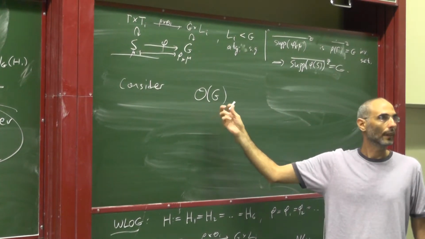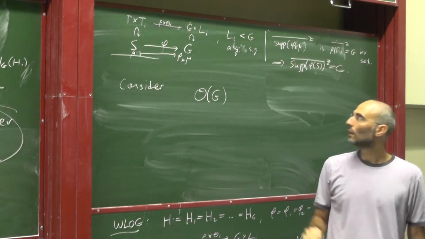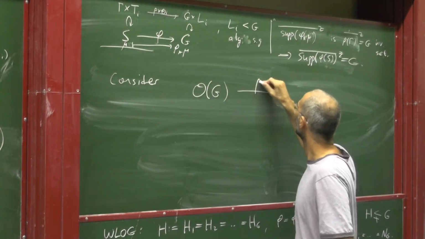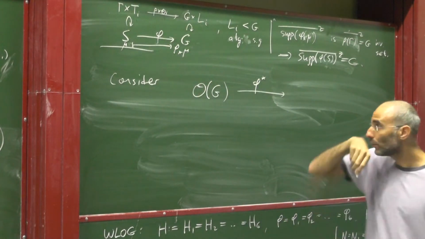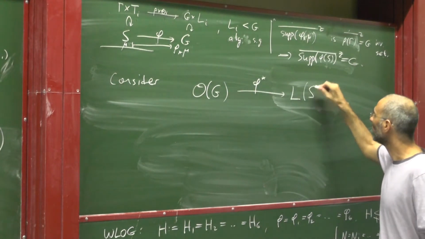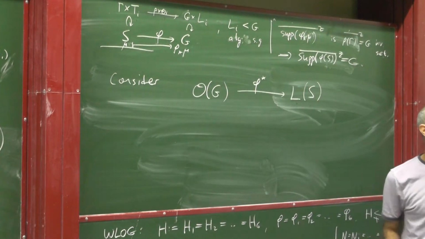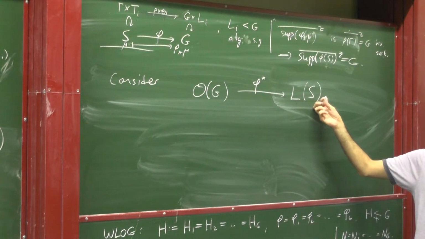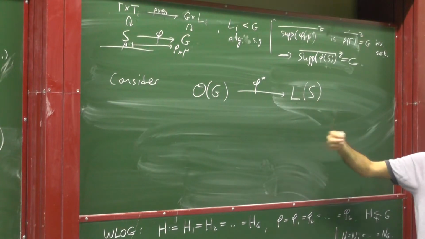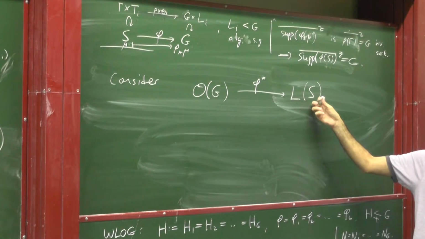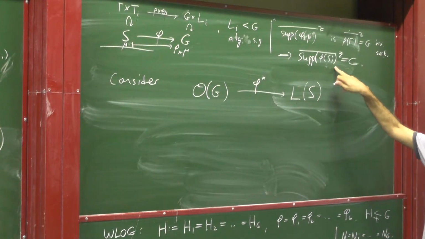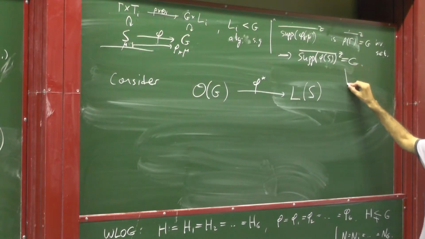Polynomials on the affine variety G. I can pull back polynomials by recomposing with phi and think of them as measurable functions, complex valued, defined almost everywhere, up to null sets, on S. The fact that I was emphasizing here is that this is injective.